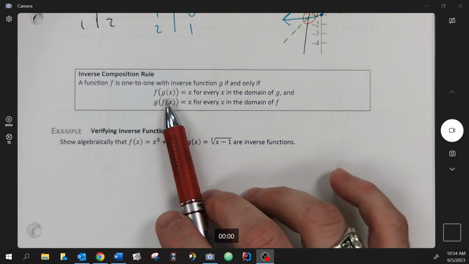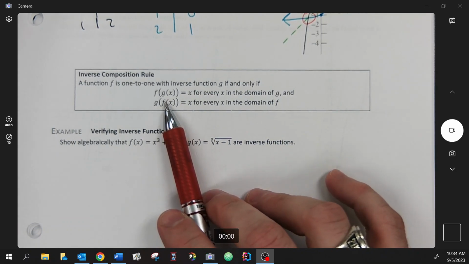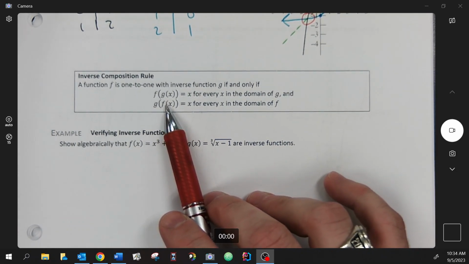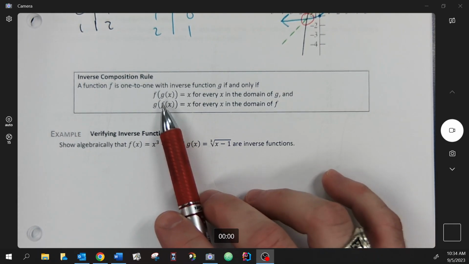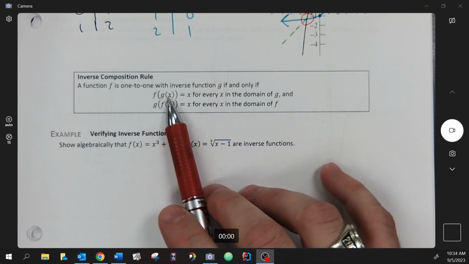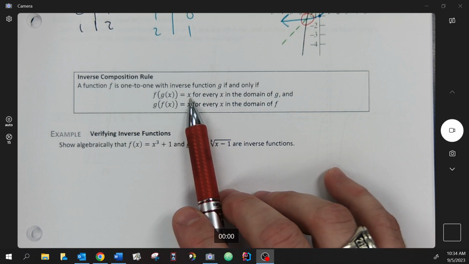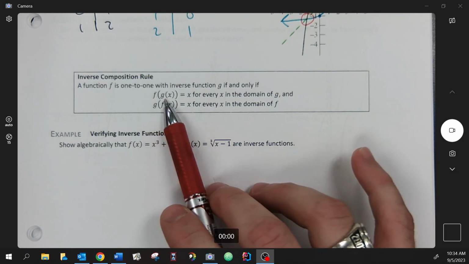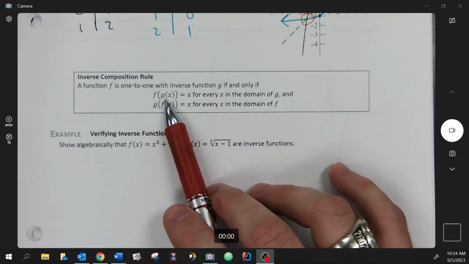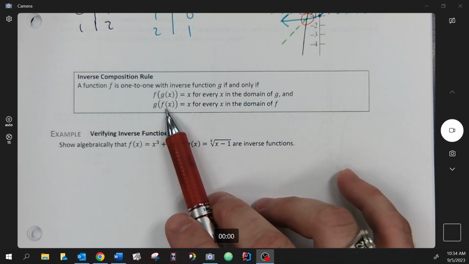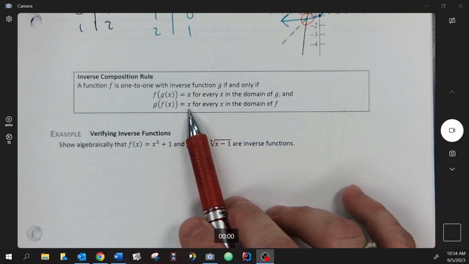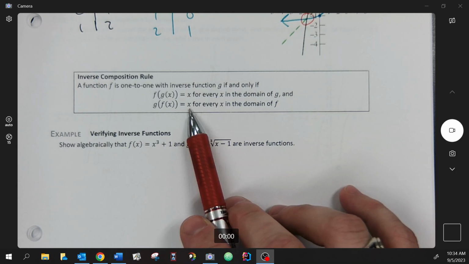It says, if f and g are 1-to-1 and are inverse functions, then f of g of x, composing them in this order, will result in x. Almost as if the letters f and g cancel each other because they're inverses. G of f of x, composing in this order, will also give you x because, almost as if g and f cancel each other, they are inverse functions.